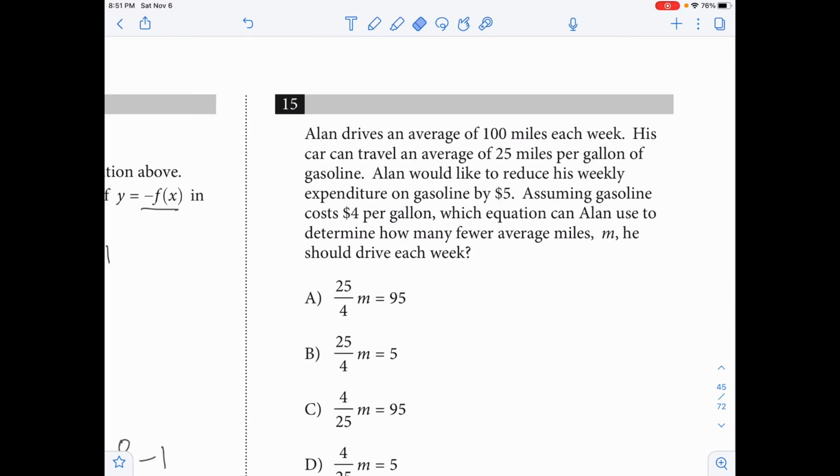It says Alan can drive for 100 miles, and his average is 25 miles per gallon. And then he would like to reduce the cost by $5, and assuming the cost is $4 per gallon. So since he would like to reduce by $5, and since it costs $4 per gallon, then therefore the cost per gallon is 5/4.